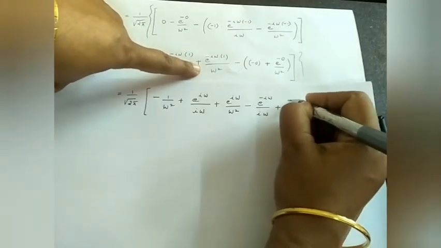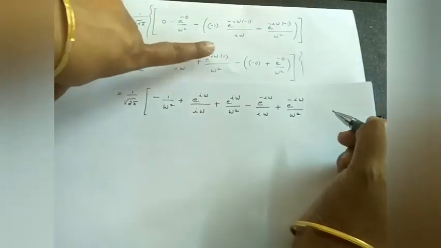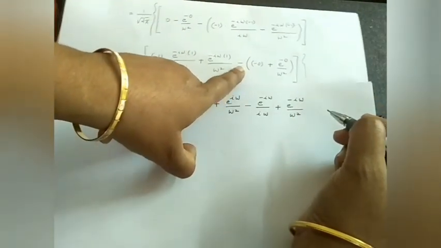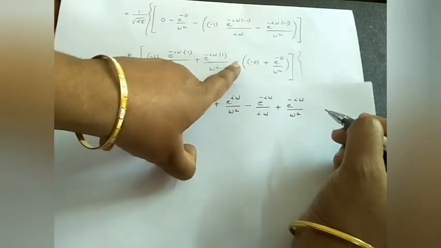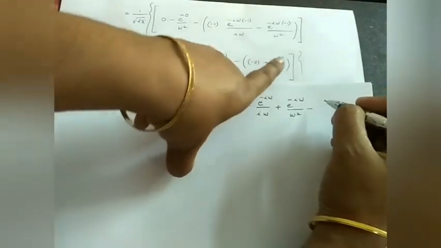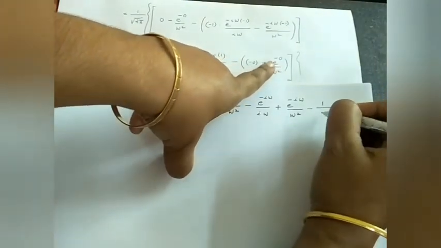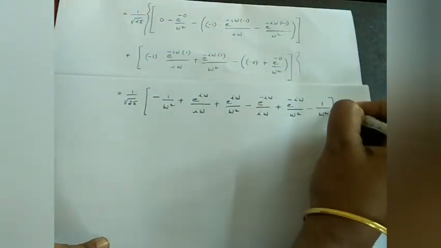E raised to minus I omega by omega square. Then minus into minus 0, that is 0 itself. Then minus into e raised to minus 0 is 1 by omega square. Okay. Now closing the bracket.